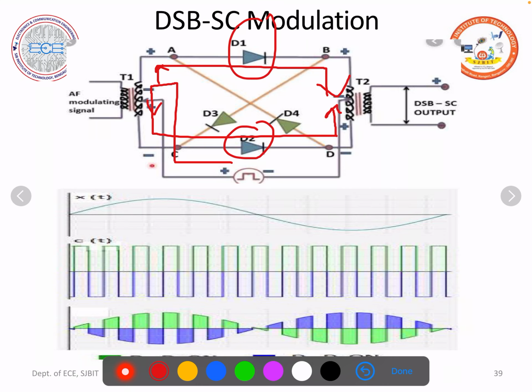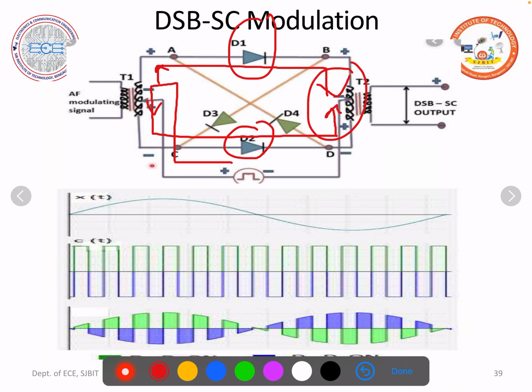The currents flowing through the primary windings of the output transformer T2, if you observe, are equal and opposite to each other. So the magnetic fields produced by these currents are equal and opposite, and they cancel each other.